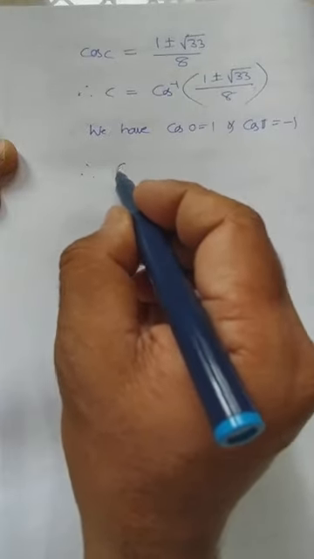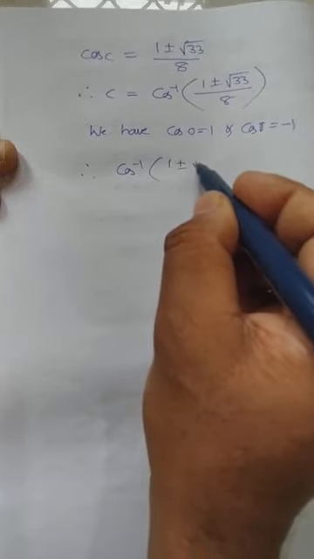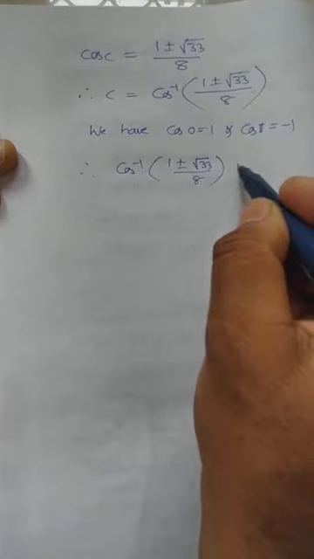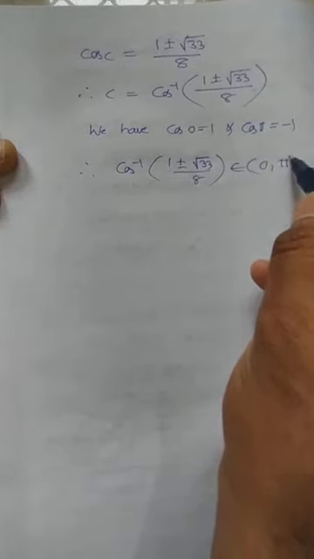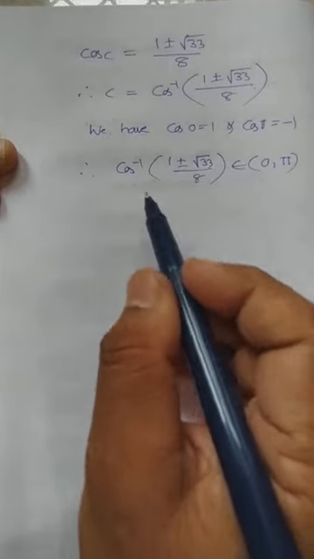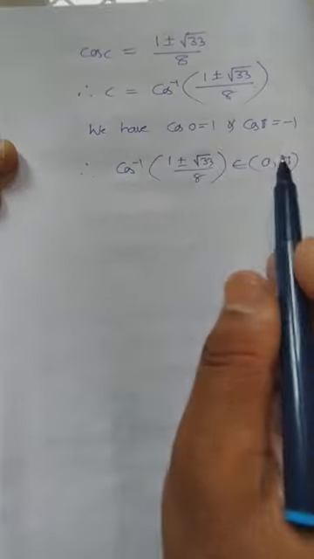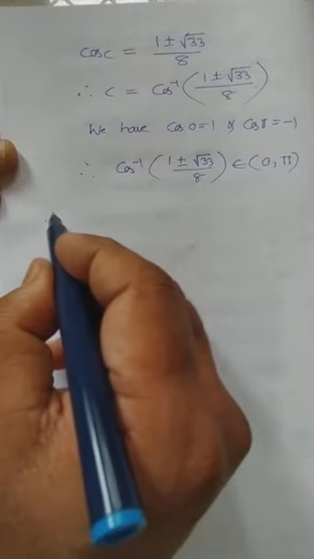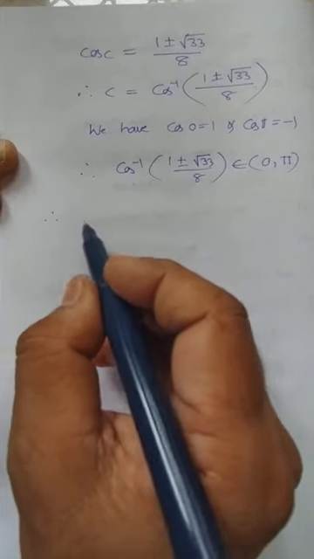Therefore cos inverse of 1 plus or minus under root 33 by 8 always lies in between 0 to pi. Okay. So hence the c value is lying in between 0 to pi, we had shown. Therefore the three conditions are verified for the given function.